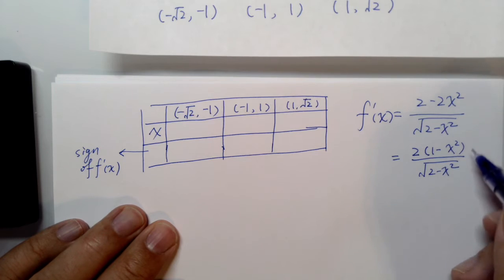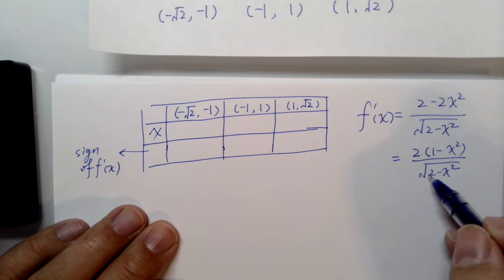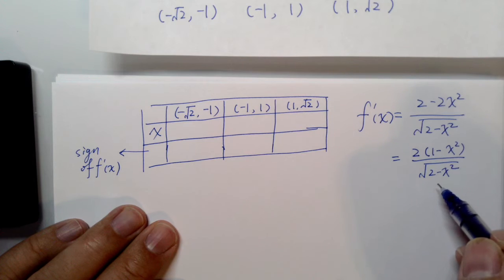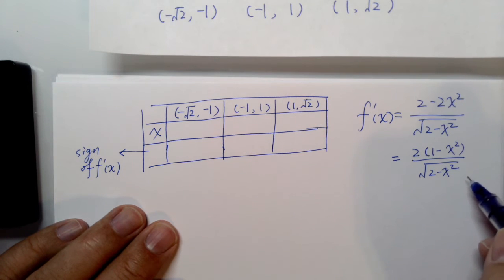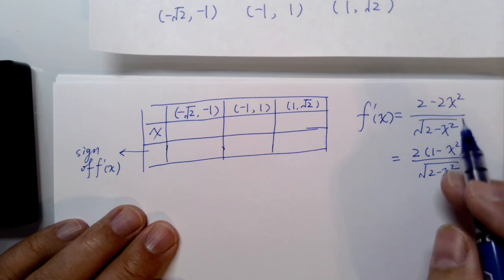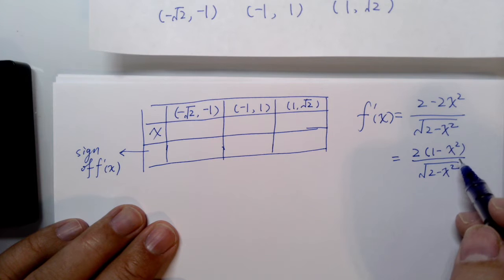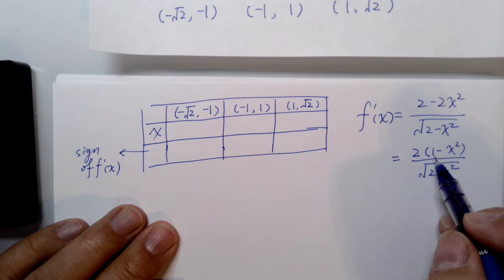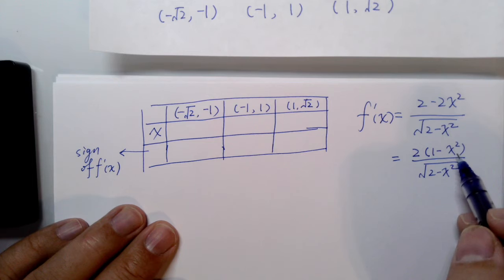So this is my derivative function, right? Since my denominator is the square root, this part is always strictly greater than 0. So the overall sign of this derivative function is determined by the numerator, right? Look at my numerator. That is 2 times 1 minus x squared.